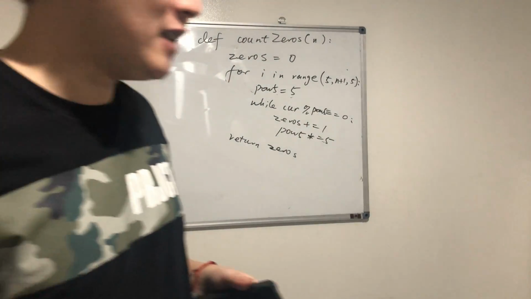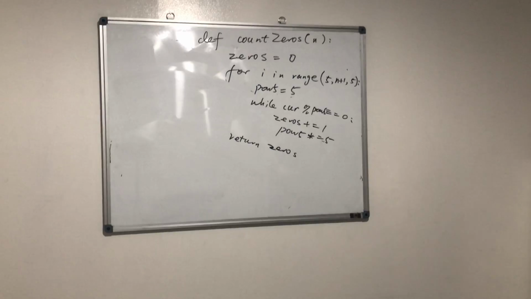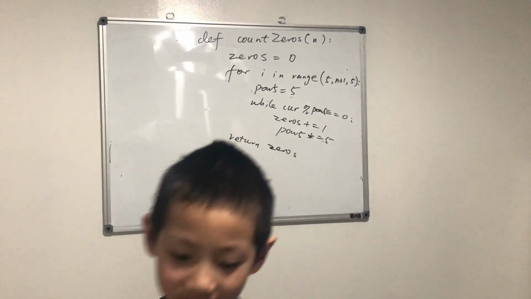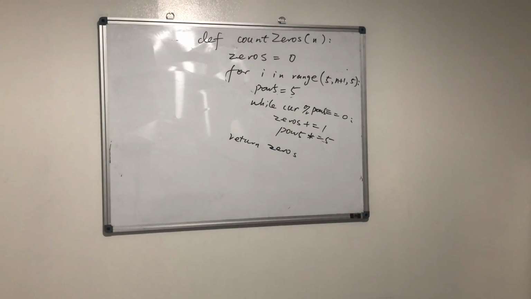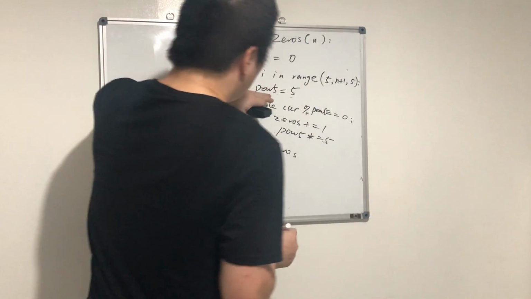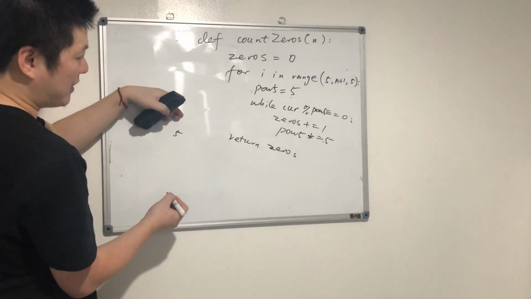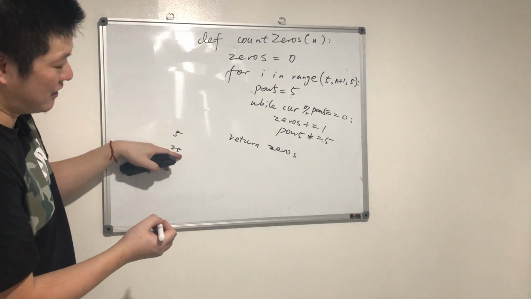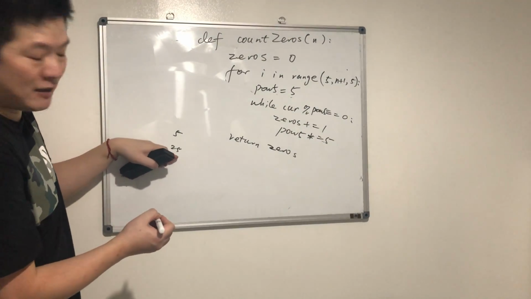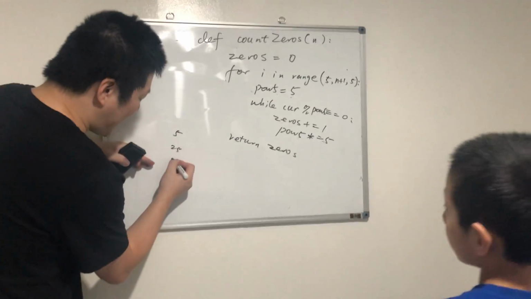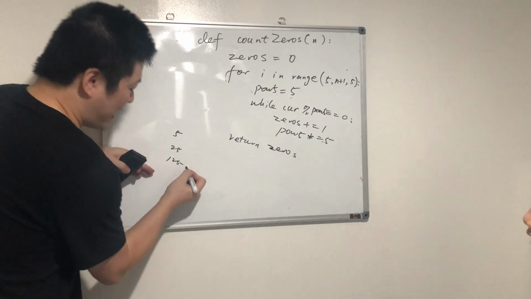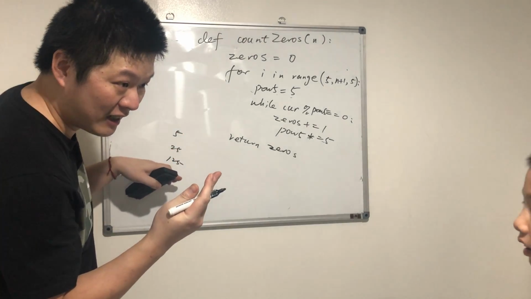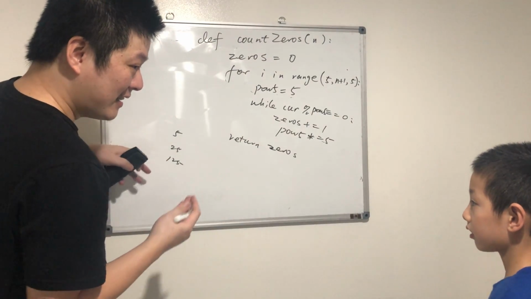First it's 5, then 5 times 5 equals 25, and I check how many 5s. 25 has two 5s, and the next one, 125, has three 5s. Got it?